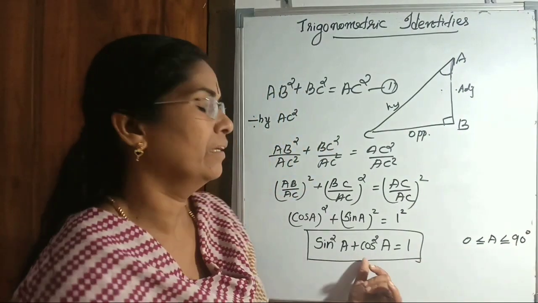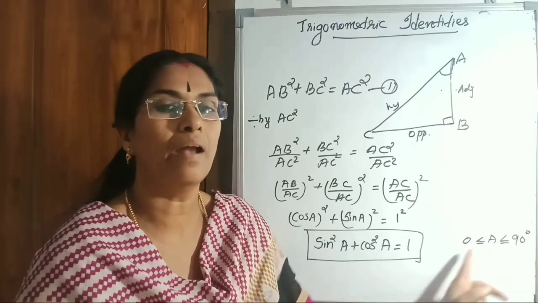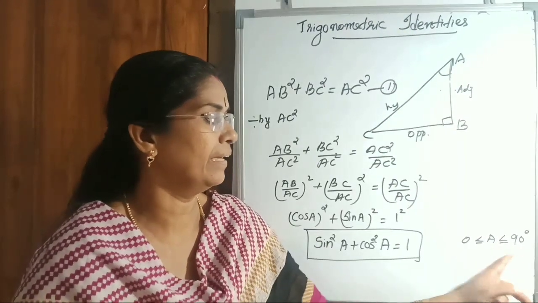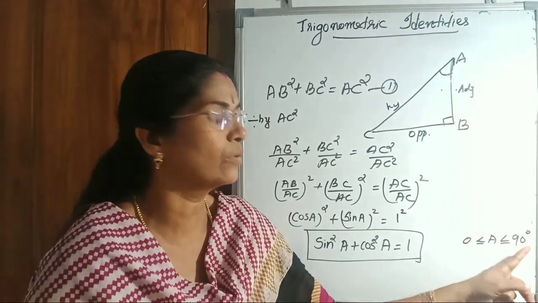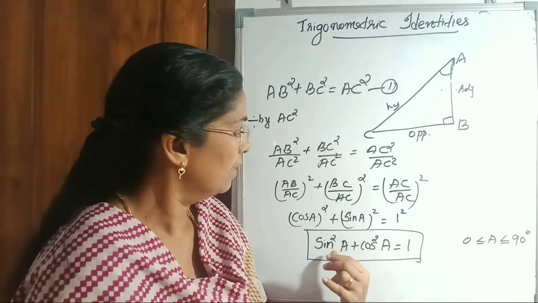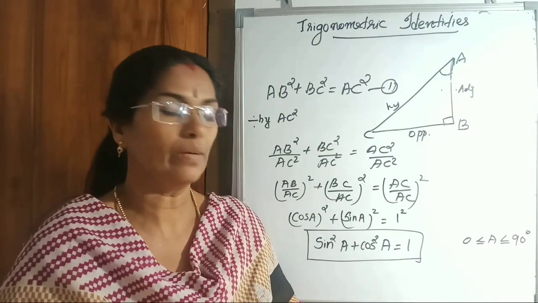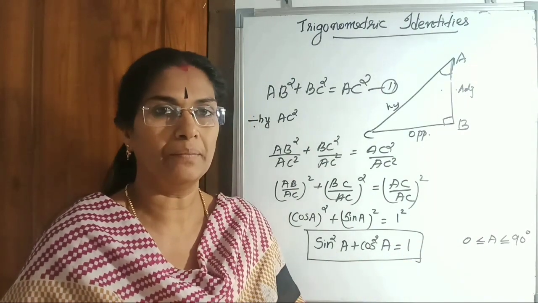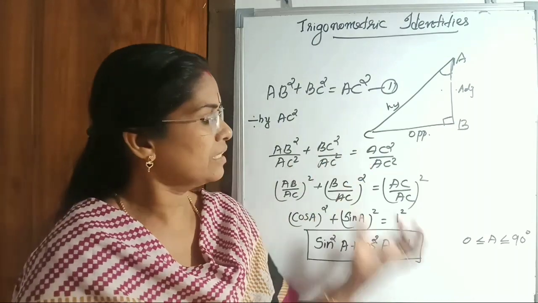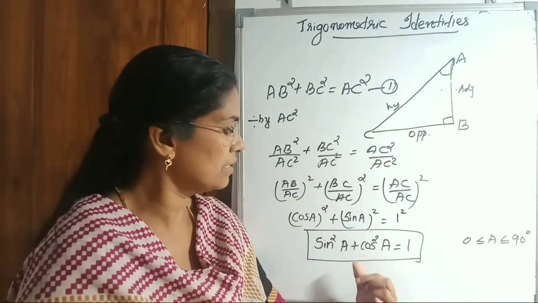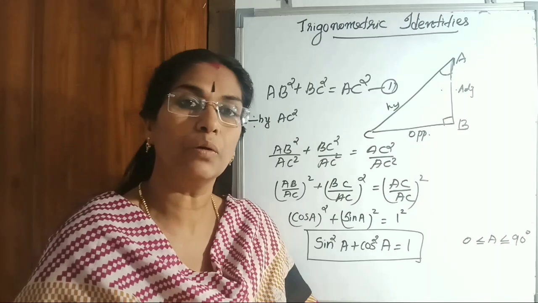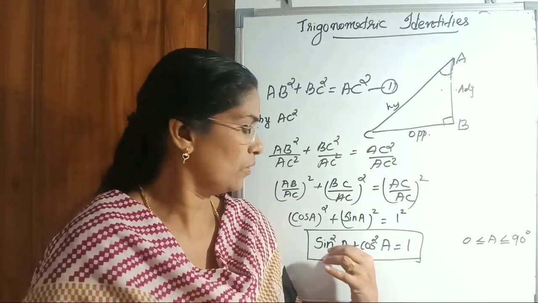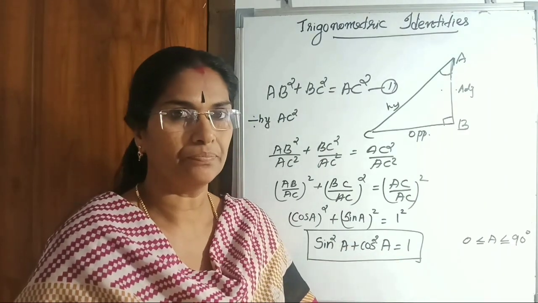This is the proof. You have to study this identity, sin square A plus cos square A equal to 1.